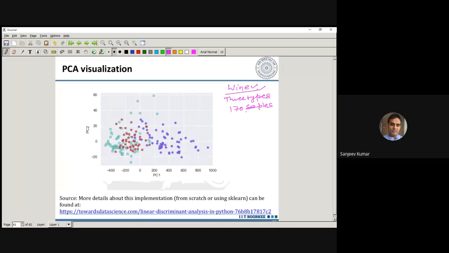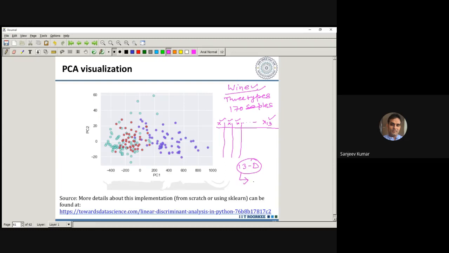And for each wine sample I have these 13 parameters, like alcohol quantity, other chemical quantities, color, percentage, and so on. So it is a 13-dimensional data set, the wine data set.